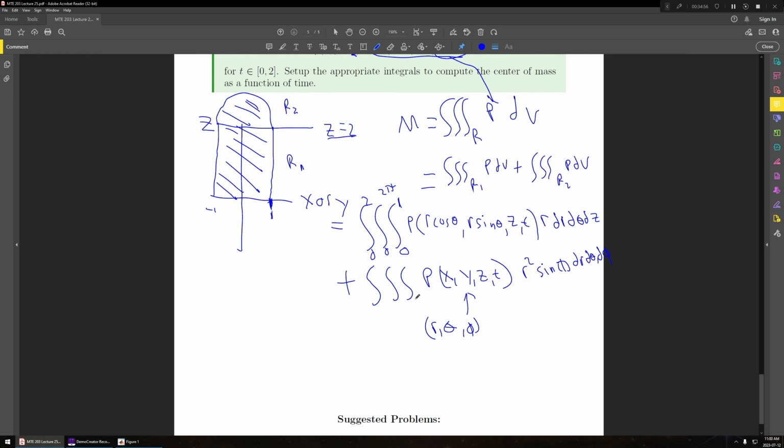Well, r, the smallest radius of a sphere such that I'm still inside the sphere, is 0, and that goes all the way up to r. It's a perfect sphere, so I don't have to worry about anything else. So in this case, r will be 1, because radius 1, going from here all the way over to here. Now, in terms of our angle theta, I want to go all the way around the circle because I want the whole half top of the circle, so 0 to pi.